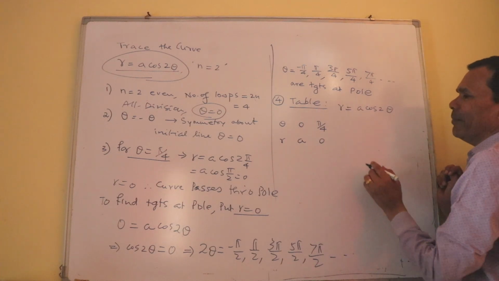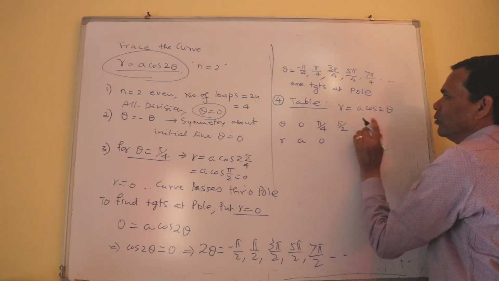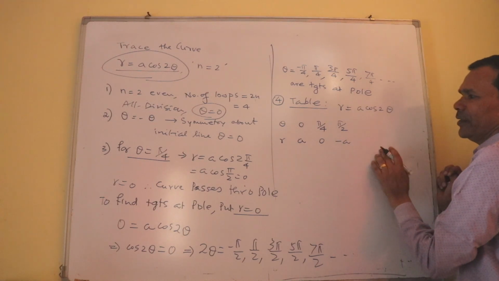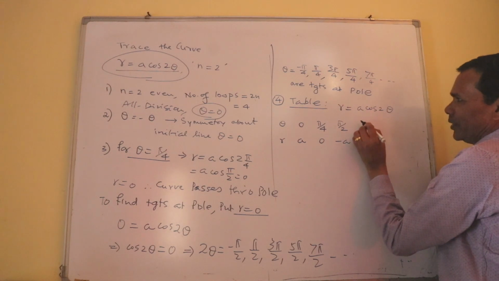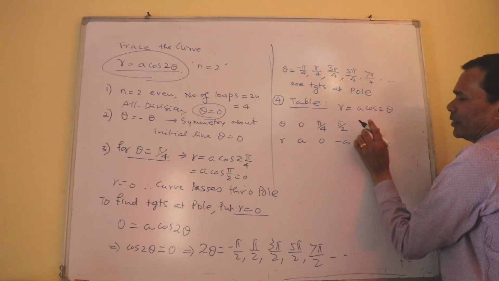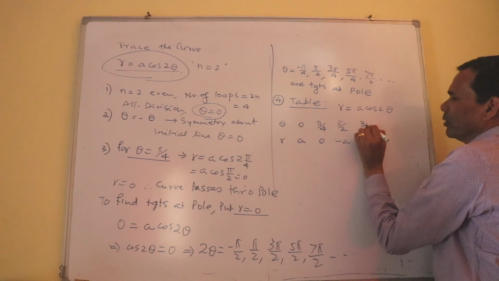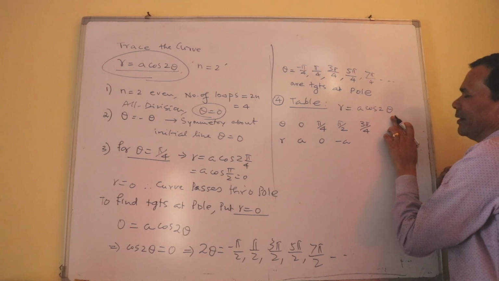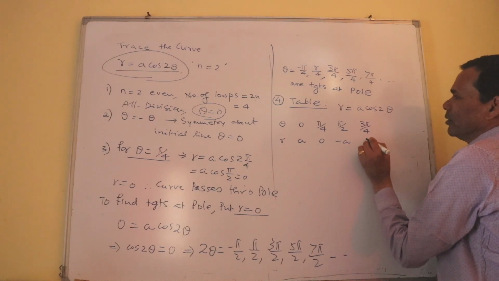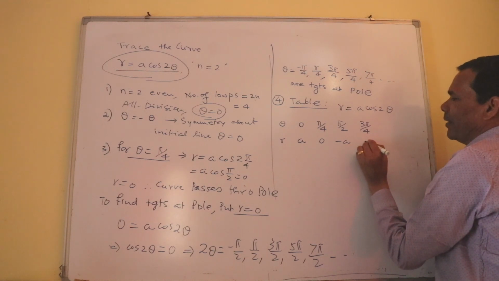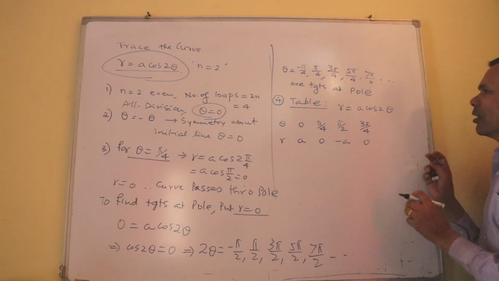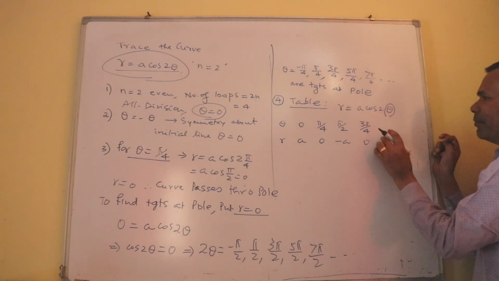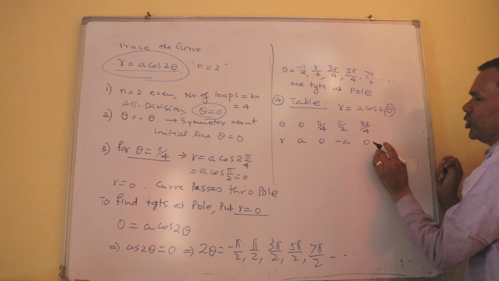Theta is equal to pi by 2: cos pi is minus 1, so it is minus a. Next value, theta is equal to 3 pi by 4: then it is again 0, because cos 3 pi by 2 is 0.